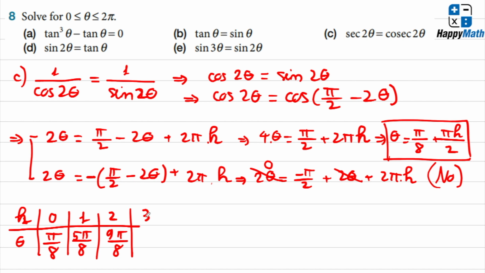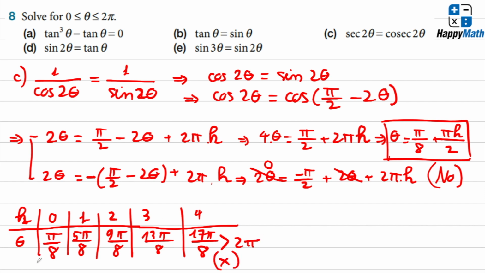Multiply by 3, you will get 13 pi over 8. Okay, one more. How about 4? 17 pi over 8 here. It means this is larger than 2 pi, so this cannot be the right answer. You have 1, 2, 3, 4 solutions for question C here. Yeah.